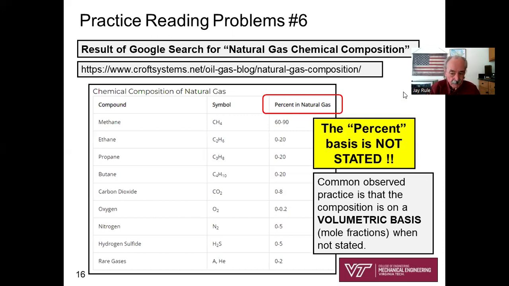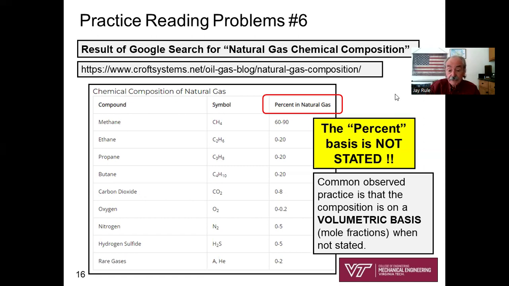Okay, one last reading problem. Let's say you've got a real honest to goodness study and you're trying to find out more about the chemical composition of natural gas, and you do a Google search on natural gas chemical composition. I did just that, and here's the link to the return for that.